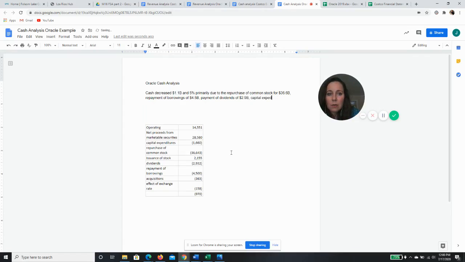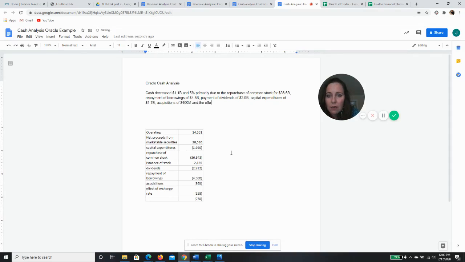And, oh, no, I got more than and. Capital expenditures of, call that 1.7. I'm just going to round up billion. And then we have acquisitions for, doesn't really matter, I'm just going to call this 400 million.